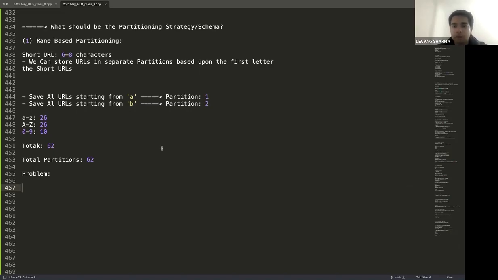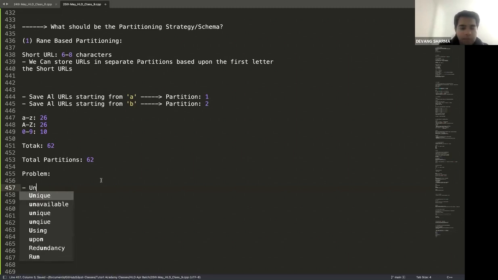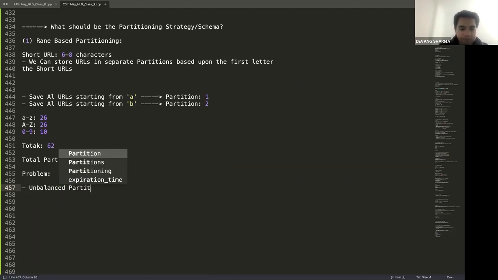Okay. All right, guys, coming back to this problem, the problem that it is going to lead to is unbalanced partitioning, which is uneven distributed load.